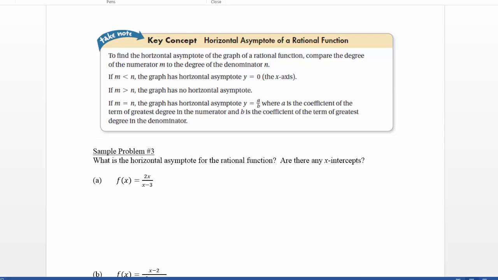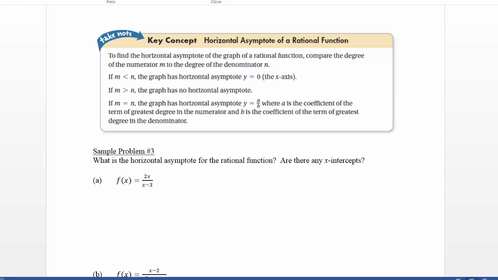And so you can see in this key concept summary, we basically have 3 basic rules that we can determine. Now, if we use m as the degree of the numerator and n as the degree of the denominator, we can basically look at the degree values of both the numerators and denominators and determine if we have a horizontal asymptote and where it's going to be located. And you can see through these rules, if our larger polynomial function is on bottom, then we know that the horizontal asymptote is y equals 0, which is the x-axis.